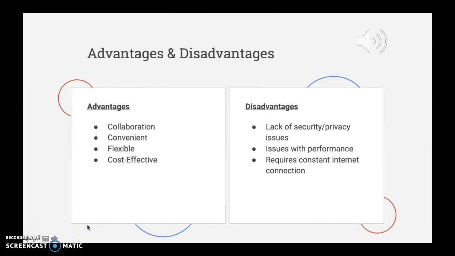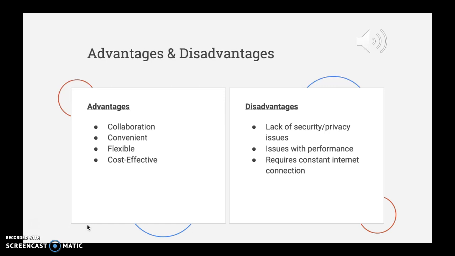While many companies have adopted the cloud into their programs, many people still argue the advantages and disadvantages of using these programs. Some of the advantages include collaboration, which allows multiple people to work on the same project at the same time. It's also convenient because it allows them to do it from the comfort of their own homes, from different classrooms, different states, all at the same time.